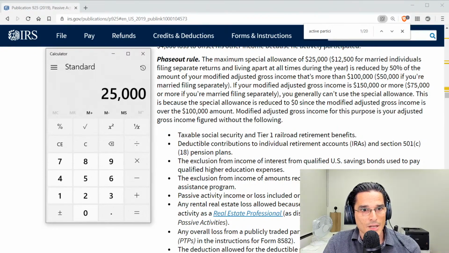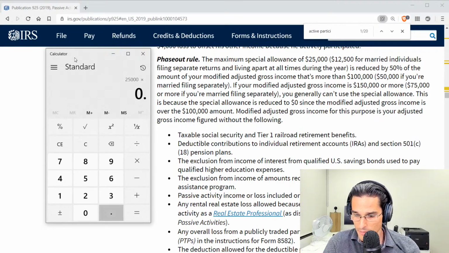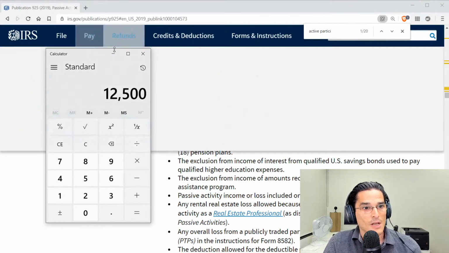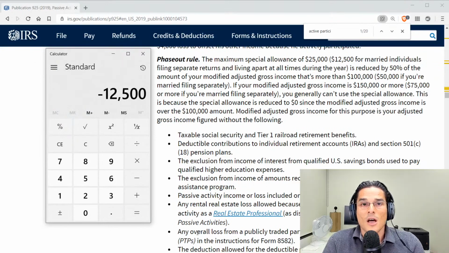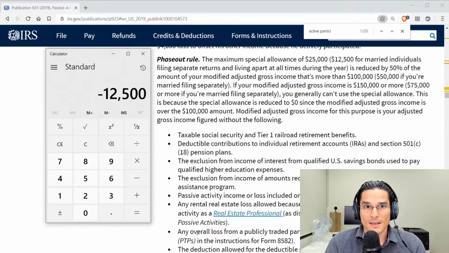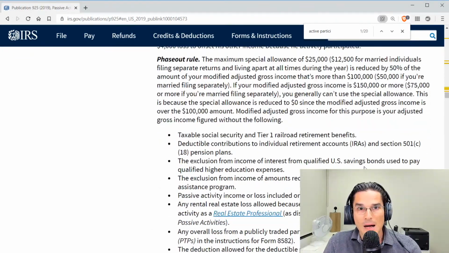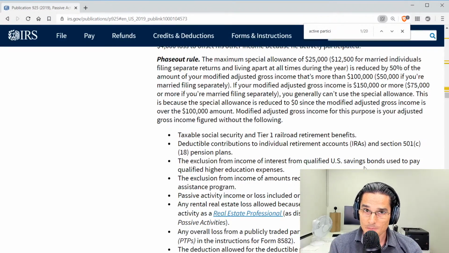And we see here that it's reduced by 50% of the amount of your MAGI that's more than $100,000. So let's do the math. Times 0.5, $12,500. So in this situation, if we subtract that from the $25,000 maximum allowance, we're only allowed the $12,500 that we can use to offset against non-passive income. So this is the mom and pop allowance if you actively participate in real estate activities.